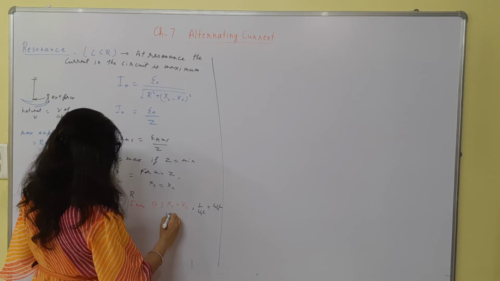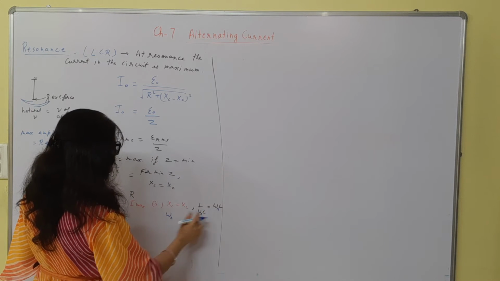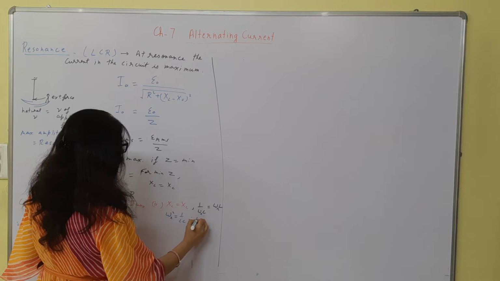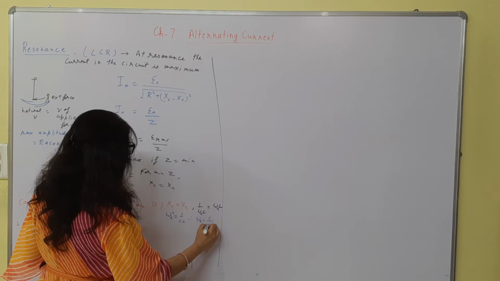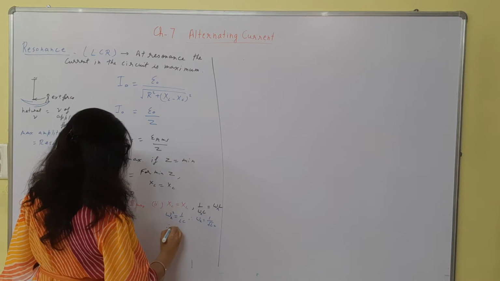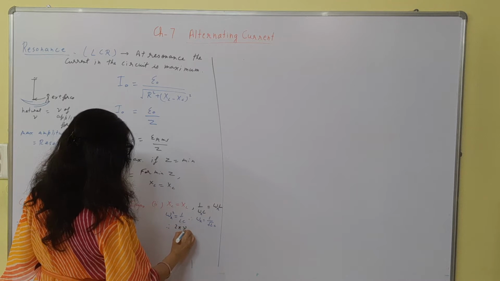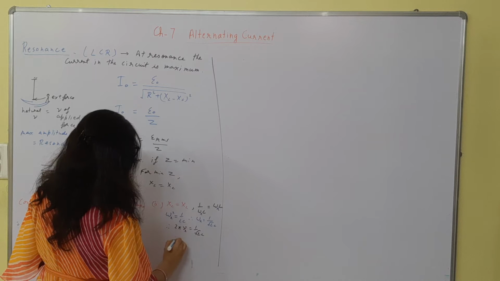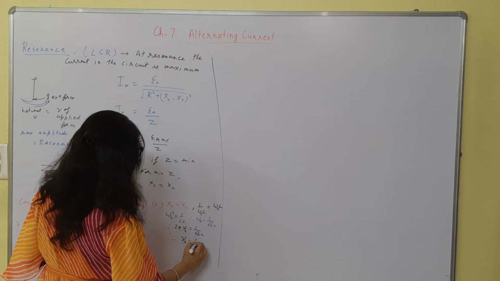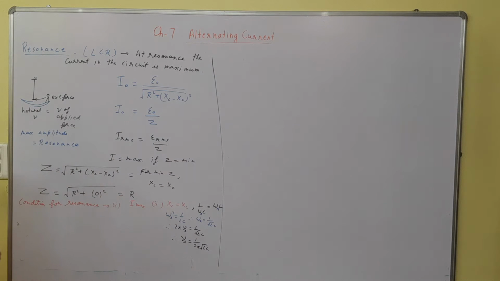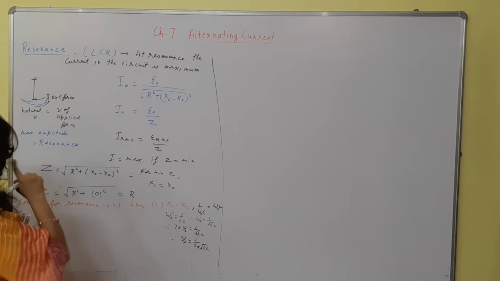So from here you can write omega R square is equal to 1 upon LC. Therefore resonant frequency omega R is equal to 1 by under root of LC. And we can also write 2 pi times resonant frequency is equal to 1 by root LC. Therefore this frequency will be 1 by 2 pi under root of LC, right? So this is the second condition.